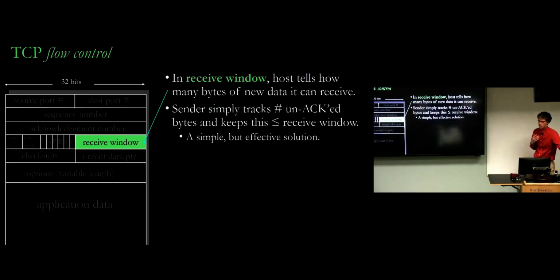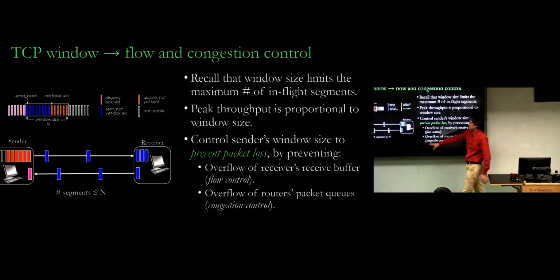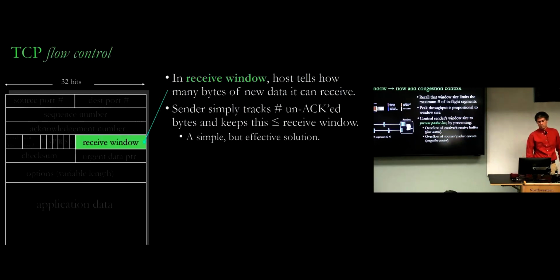And the reason that there are different solutions is because you have different levels of feedback available from the receiver versus from the network. Basically, the routers don't tell the sender anything, whereas the receiver can actually provide information back to the sender about its own state.